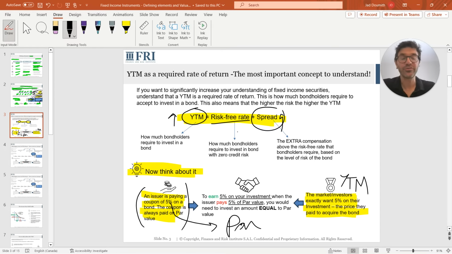And the answer is obvious. Investors need to invest an amount equal to par value. Again, for investors to make 5% on their investment, knowing that the issuer is paying 5% of par, investors need to invest an amount equal to par. When the company pays 5% of par, and investors also invested par, then they will be making 5%, which is the required yield to maturity.